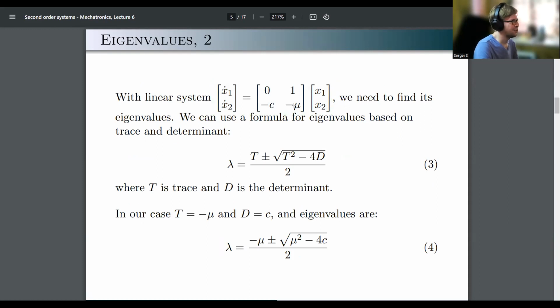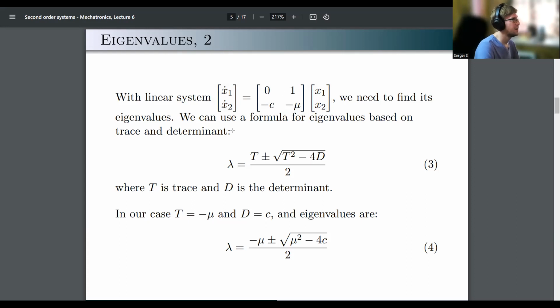I'm not sure if any of you like to do it by hand. I have a suspicion that almost every one of you computes eigenvalues on the computer. So university sometimes tries to push you to do it by hand.